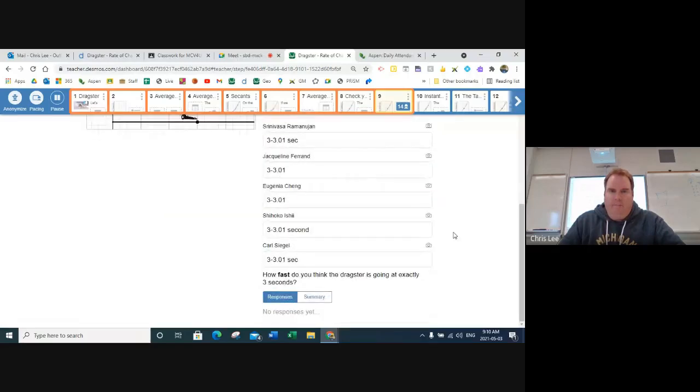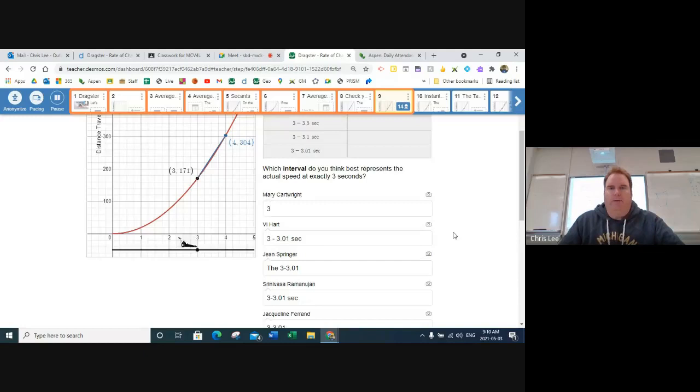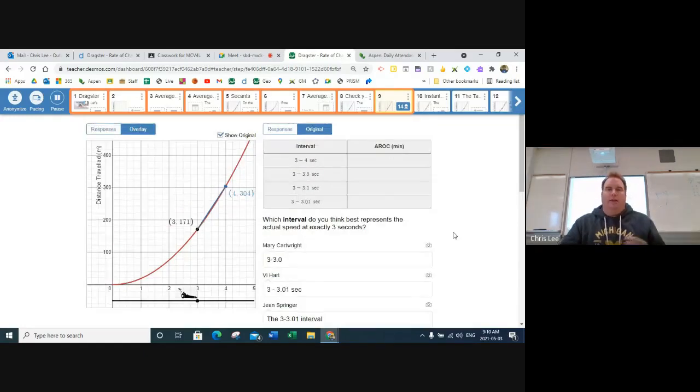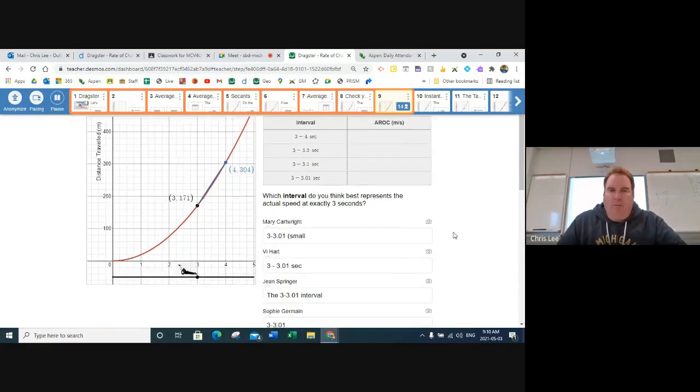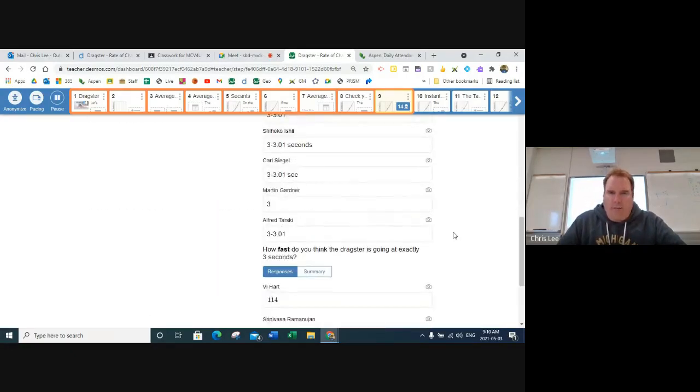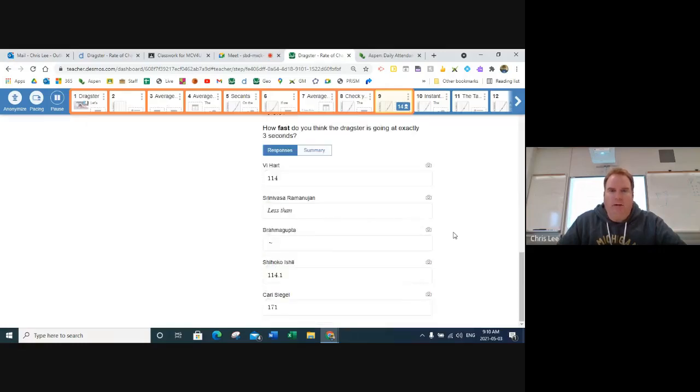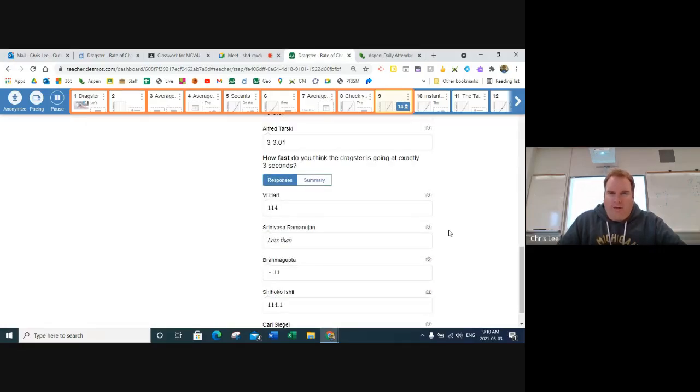Good. So we've all figured out, of course, that the smaller the secant, the better a representation it is of the actual speed. And then the follow-up question, yeah, everyone's saying between 3 and 3.01, good. The follow-up question is, how fast do you think the dragster is actually going at exactly 3 seconds?